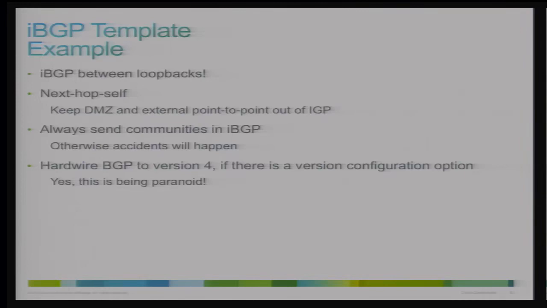Depending on the platform, some implementations may not support sending communities by default. So you have to make sure that either the default behavior is supported or explicitly specify that you are sending communities. And communities are important for policy, so it's important to send communities.